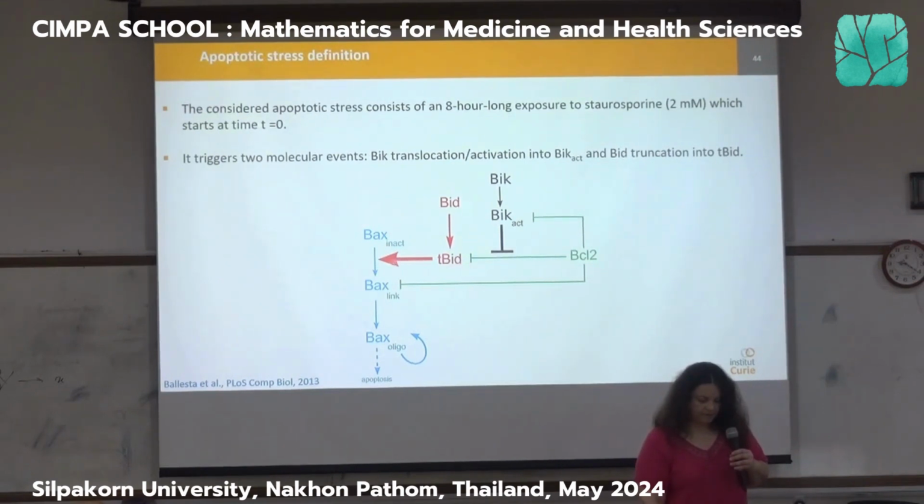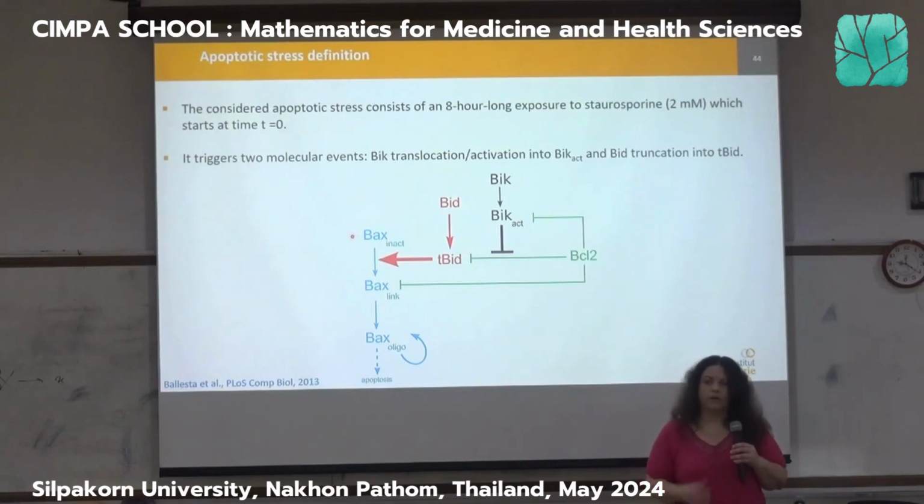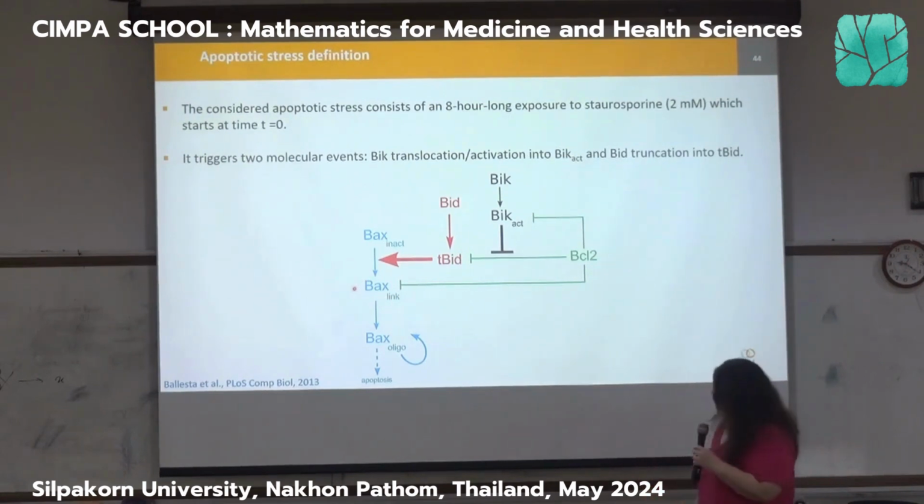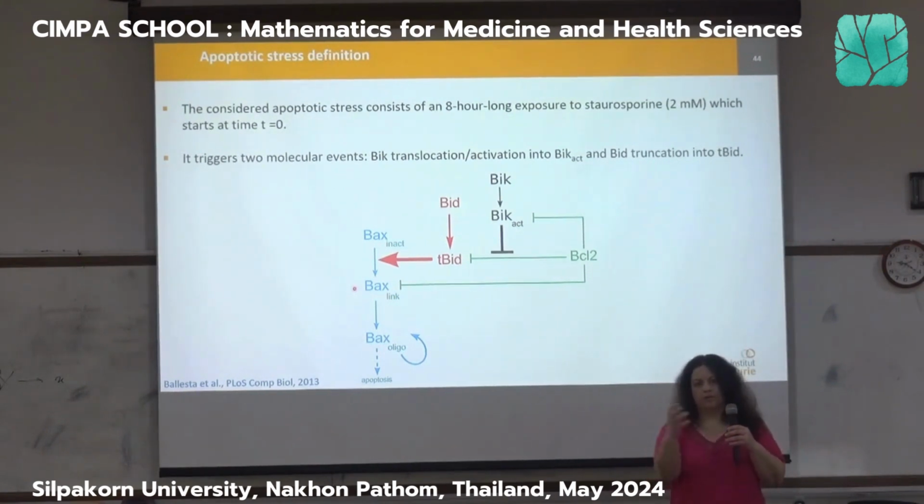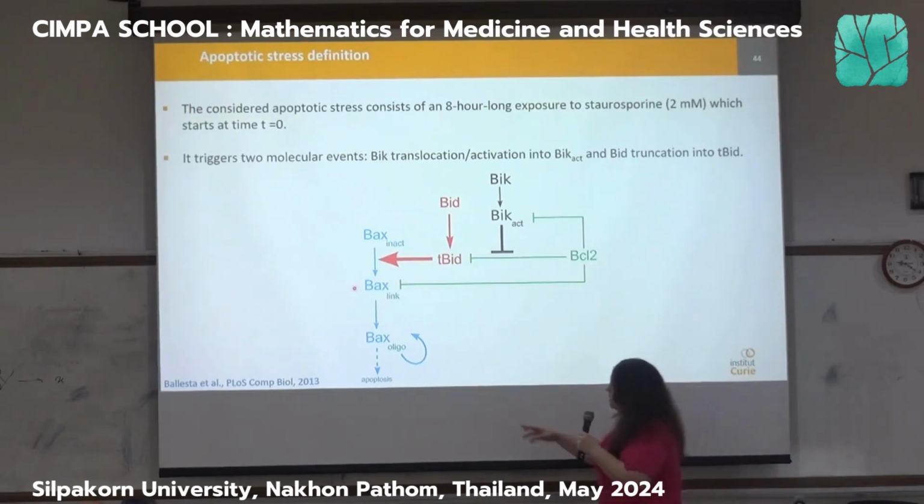T-BID will then activate BAX. BAX is in an inactive form at t=0, and then will be activated by T-BID into the first species, which is Bax-active. And then Bax-active will actually attach together to create balls, and this is what we call Baxolito.